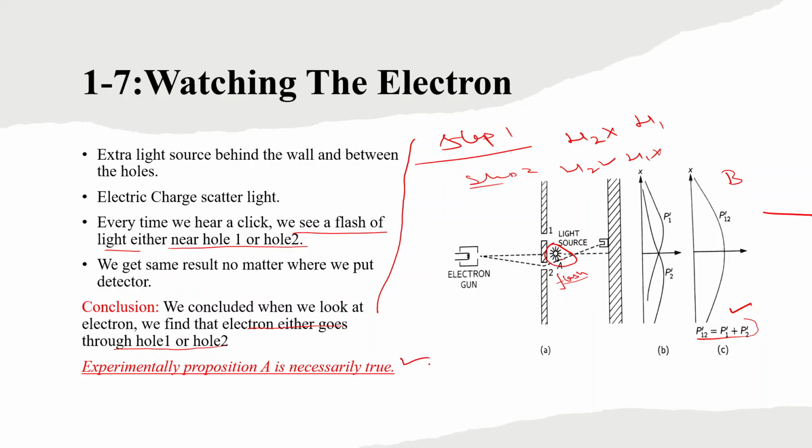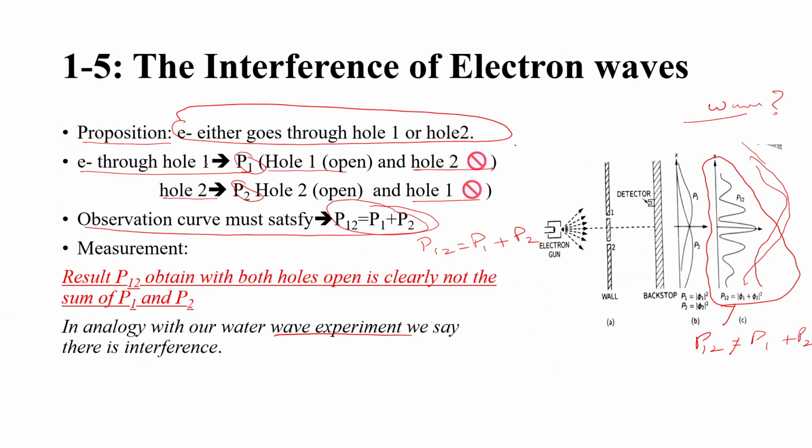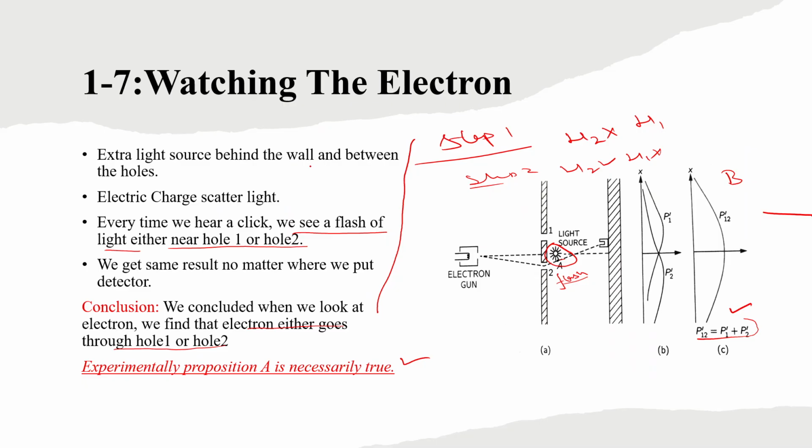So let me clear one thing: whenever I'm trying to watch the electron, the proposition that we had in our last slide, that the electron either goes to hole 1 or hole 2, stands true over here.